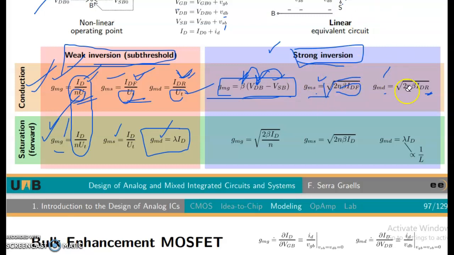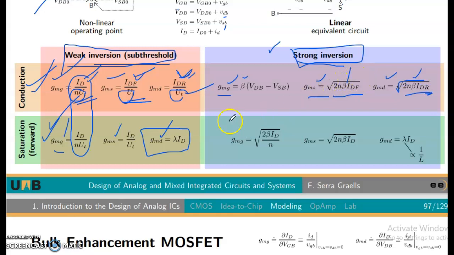But here we have to look: beta multiplied with, in gate, in source, in drain. Here only drain current multiplying, here also with 2 times n, and then the square root for scaling purposes.